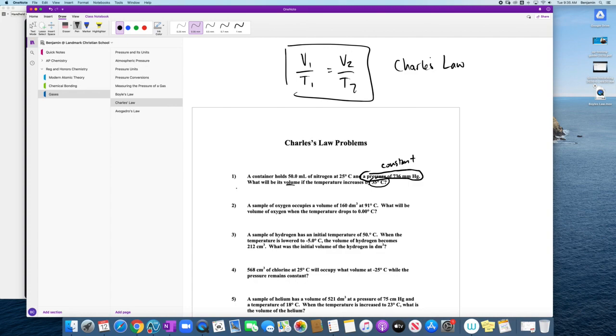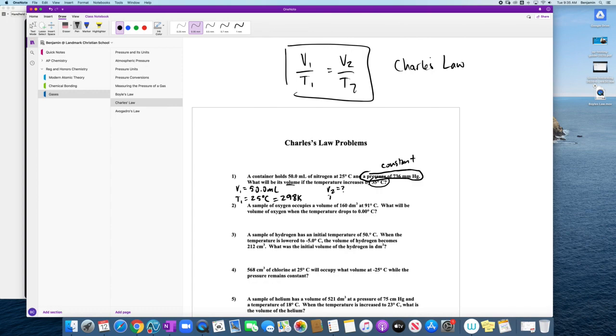So we've got an initial volume, 50 milliliters, and it's at 25 degrees Celsius. Now for Charles' law problems, we need to use the Kelvin temperature scale. So we add 273, that's 298 Kelvin. What will its volume be if its temperature increases by 35 degrees? Okay, well, we're going to figure out the new volume.